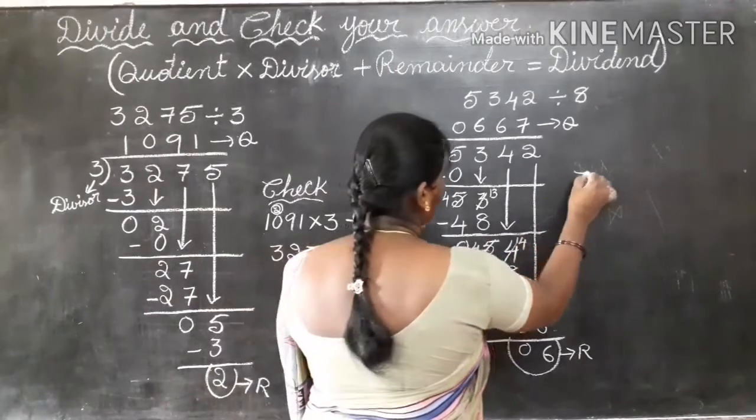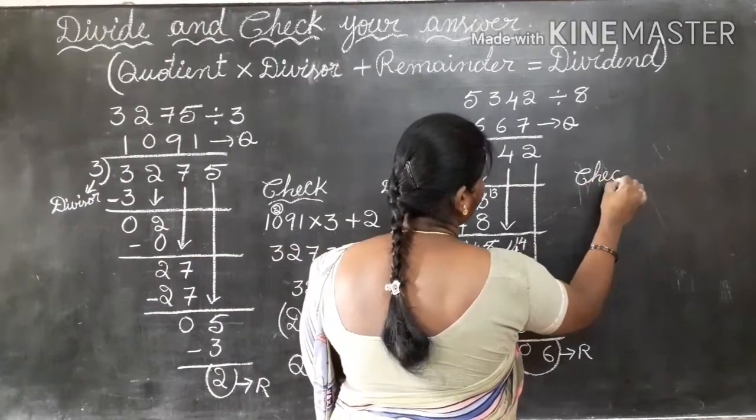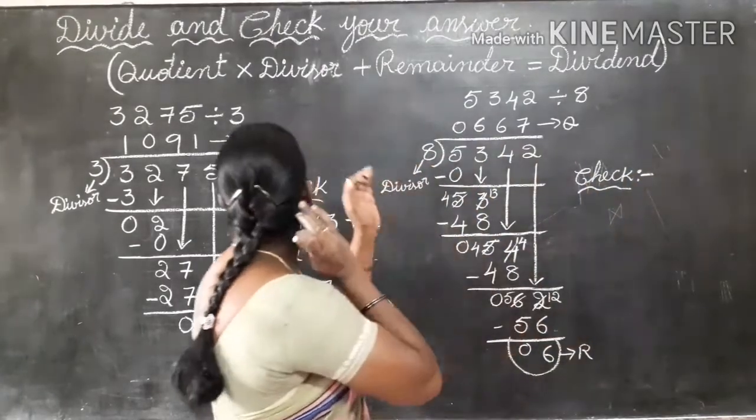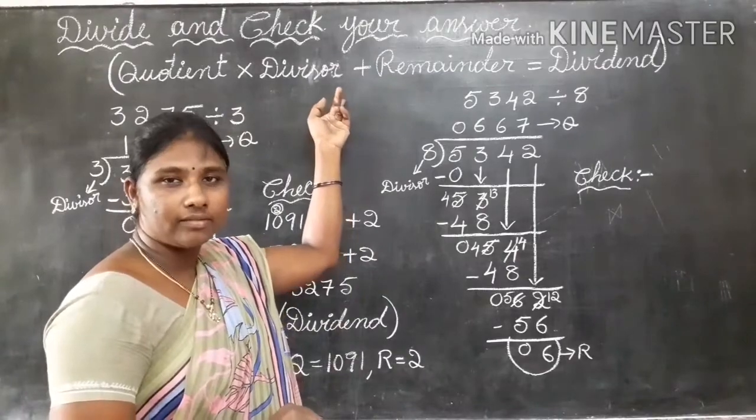So we have to check here. What is the check for this? Same. Quotient into divisor.